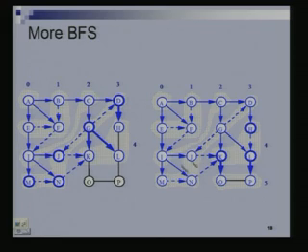Let us look at this picture here. If I ignore the dotted edges and just keep the solid edges with me, this is the subgraph that I am talking about. Note that each of these vertices has a predecessor except for the starting vertex, which has no predecessor. The predecessor of this was this, and the predecessor of this was this.